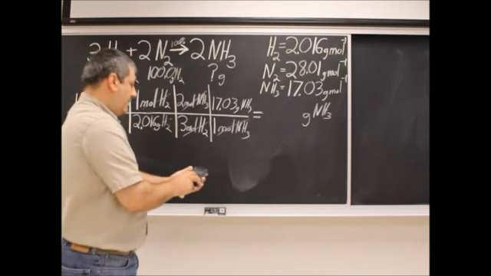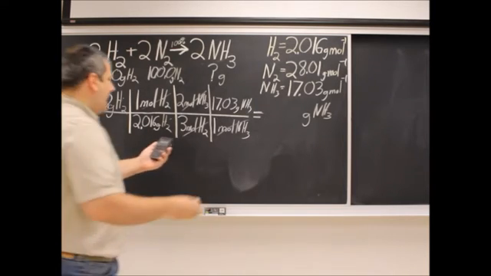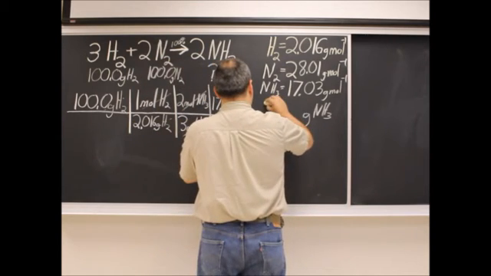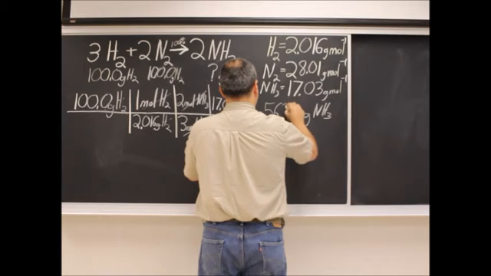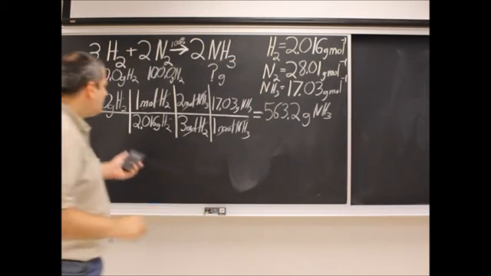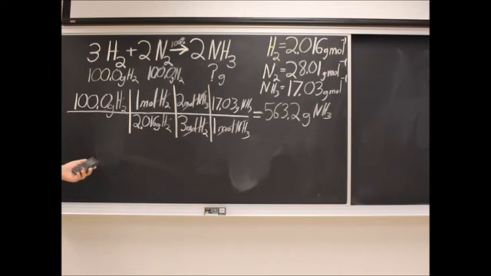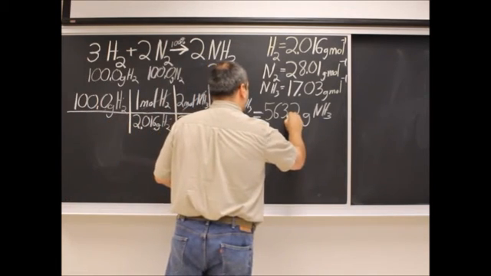So now I pick up my calculator. 100 times 2 times 17.3 divided by 2.016 divided by 3. And I get 563.2. I put enough information on here so that I could have 4 significant figures.